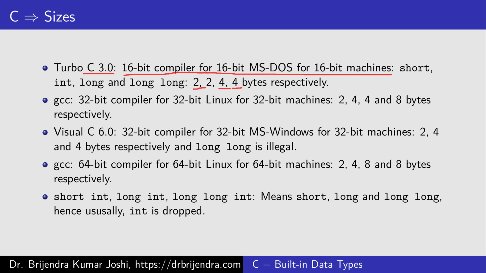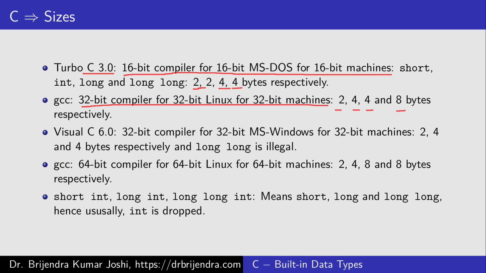Whereas GCC, which was a 32-bit compiler for 32-bit Linux on 32-bit machines, had short at 2 bytes, int at 4 bytes, long also at 4 bytes, but long long at 8 bytes.